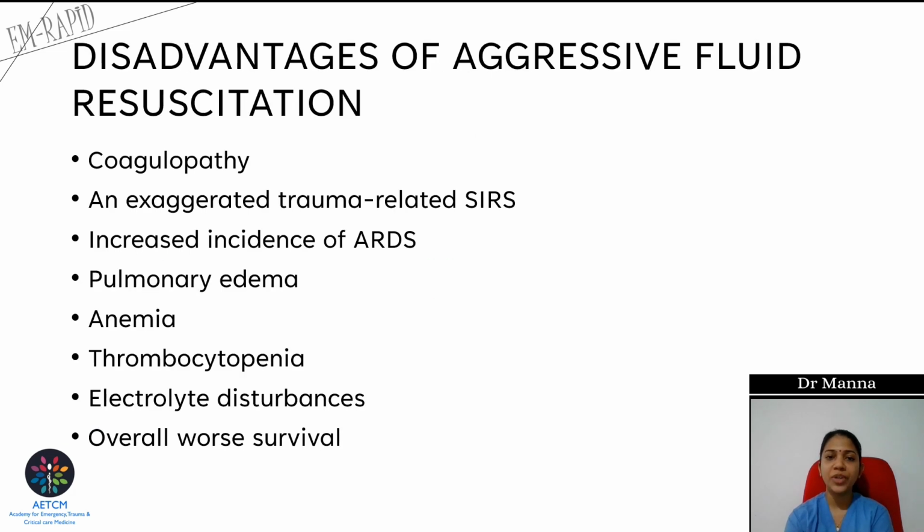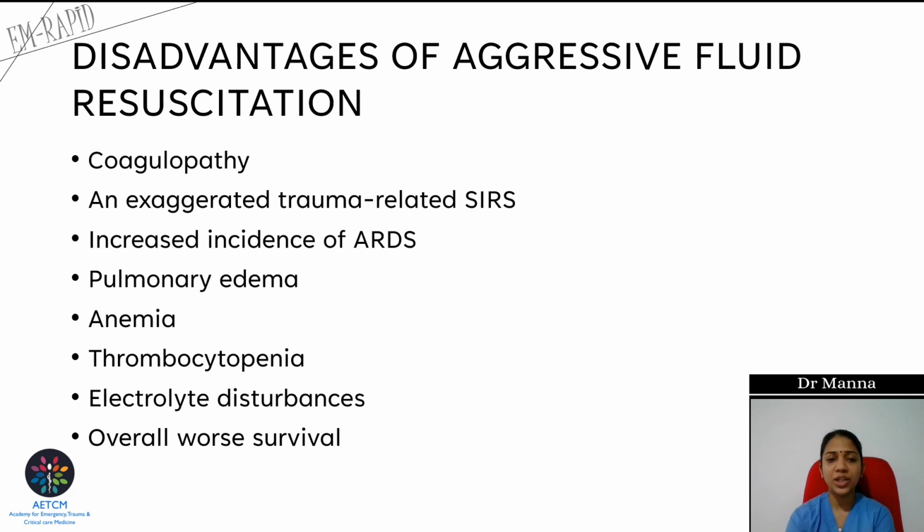So why should we do that? What is the disadvantage of aggressive fluid resuscitation, and by targeting a higher blood pressure, what disadvantages can happen? Because of giving excessive fluids, the coagulation factors can get diluted, and that can cause coagulopathy. There can be an exaggerated response to the trauma from the injured cells that can cause SIRS.